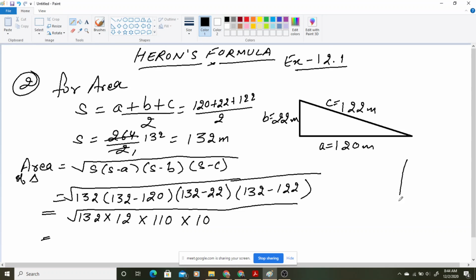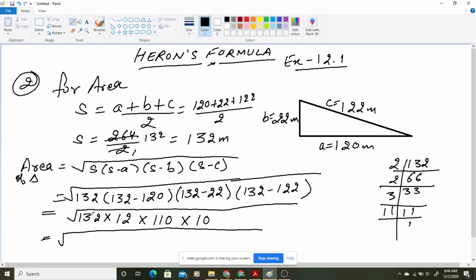So if I take the prime factors of 132: 2 sixes are 12, 2 threes are 6, 3 ones are 3, then 11 ones are 11. So in place of 132, what am I going to write?